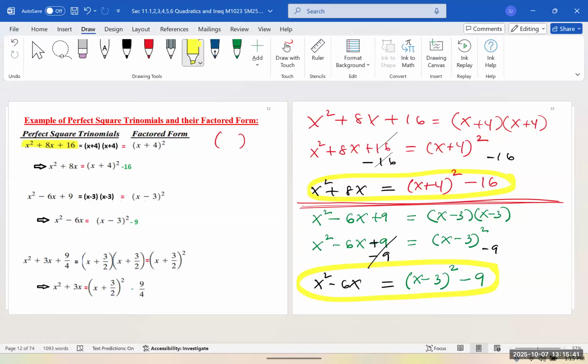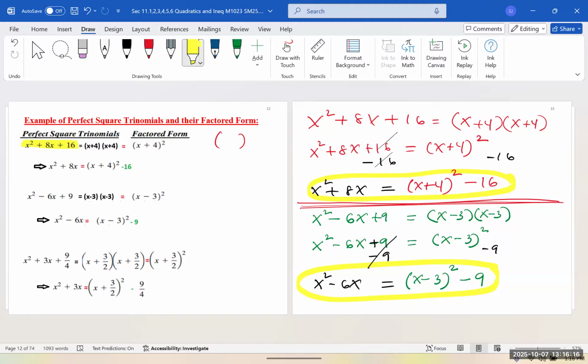On the right side, just like it's plus 4, the 4 is the square root of 16, and the same with the 9 and 3. So one observation: this 4 is the square root of 16, and this 3 is the square root of 9. Good observation.